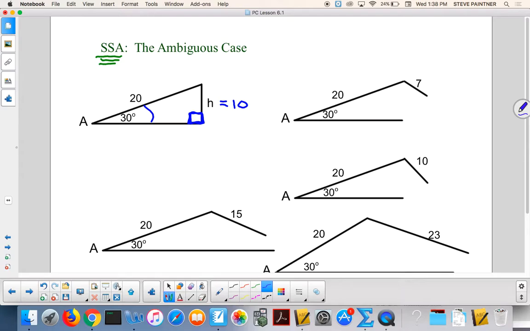And then I changed the third side. Watch this. So if this is the case, you have a 30 and a 20. And this side right there happens to be only 7. Remember the height is what? 10. This is my pivotal point. I can swing this 7 around and around. I can position it anywhere.